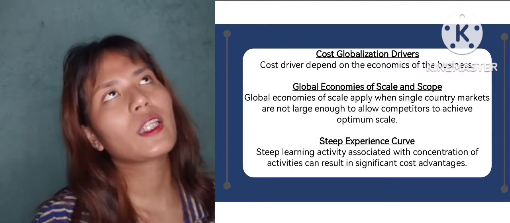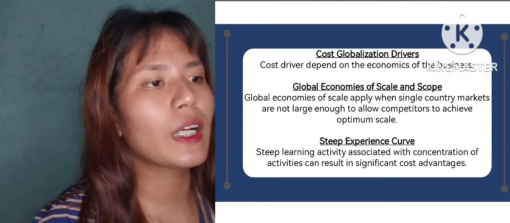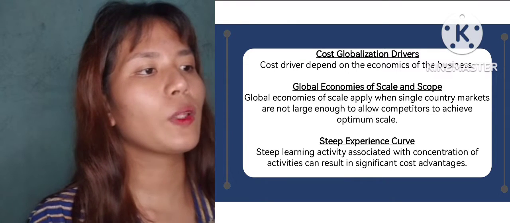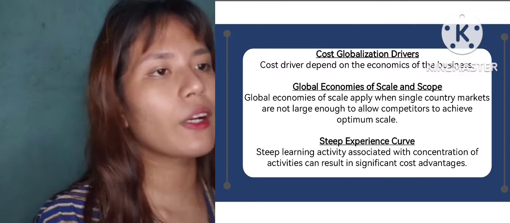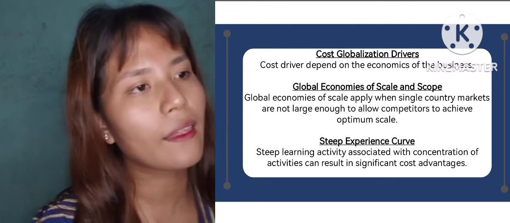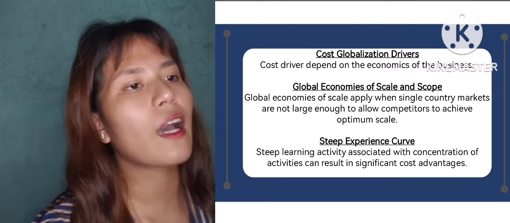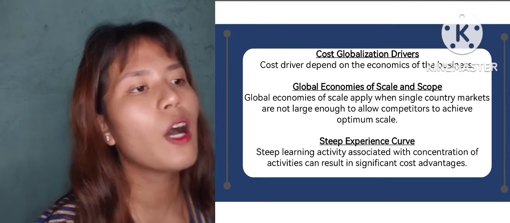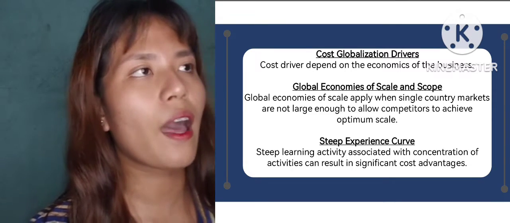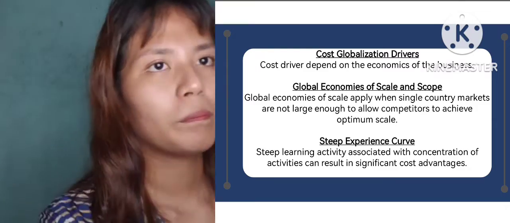The next one is the steep experience curve. It is associated with the concentration of activities, which can result in significant cost advantages, and it is a concept that states that there is a consistent relationship between the cumulative production quantity and a company's costs.